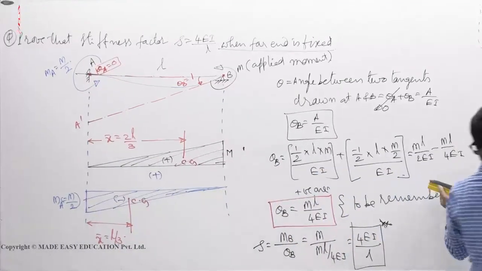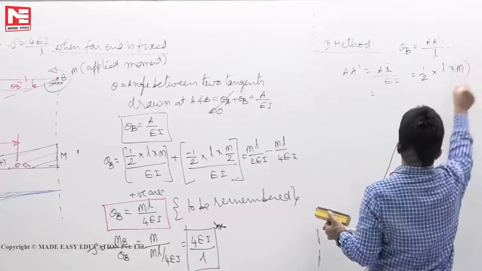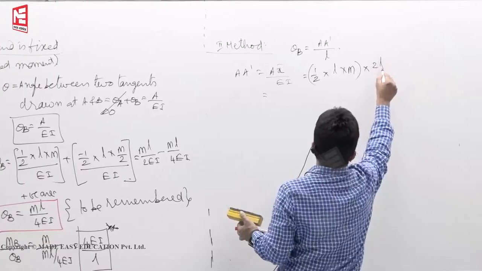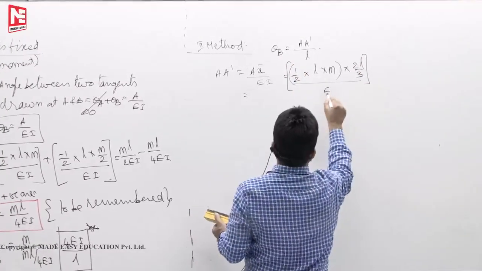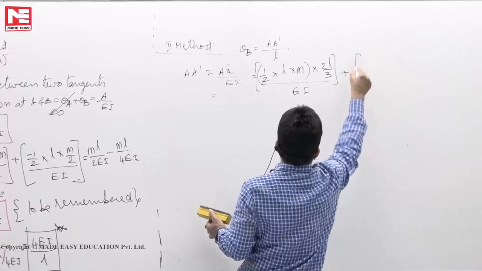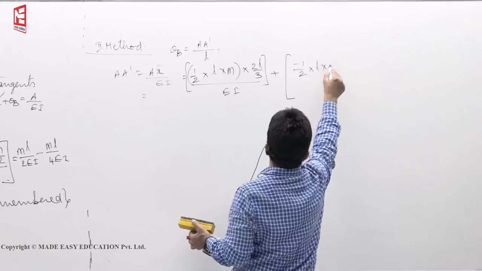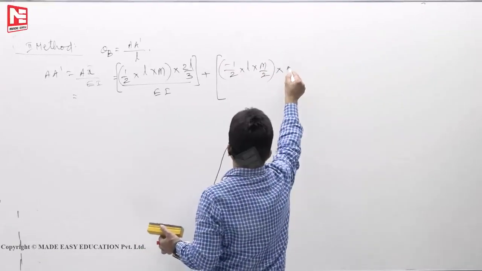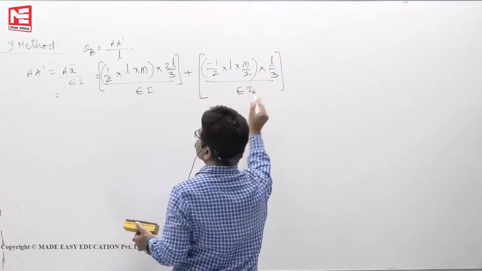So positive area is half base into height. Area into x bar, black color triangle is 2L by 3. A x bar by EI plus negative area, minus half base into height, is m by 2 into x bar, which is L by 3, by EI.